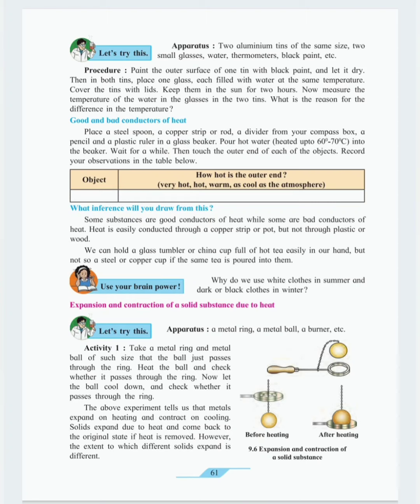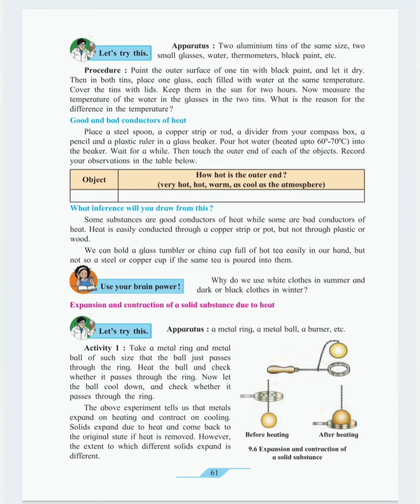It happens because when a solid object, an object which is a good conductor of heat, is heated, it expands. As it expands, the particles inside the ball expand and the volume also increases. As the volume increases, the size also increases, and therefore the ball is not able to pass through the ring.